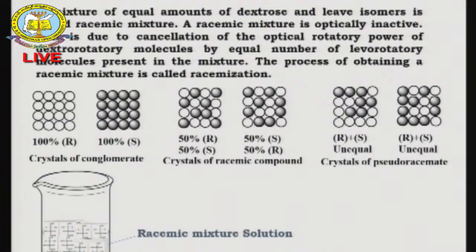Generally this racemic mixture is formed during a chemical reaction when the reagent attacks from the two directions in equal proportion. For example, take a tertiary carbocation in the SN1 reaction, which you are aware of.